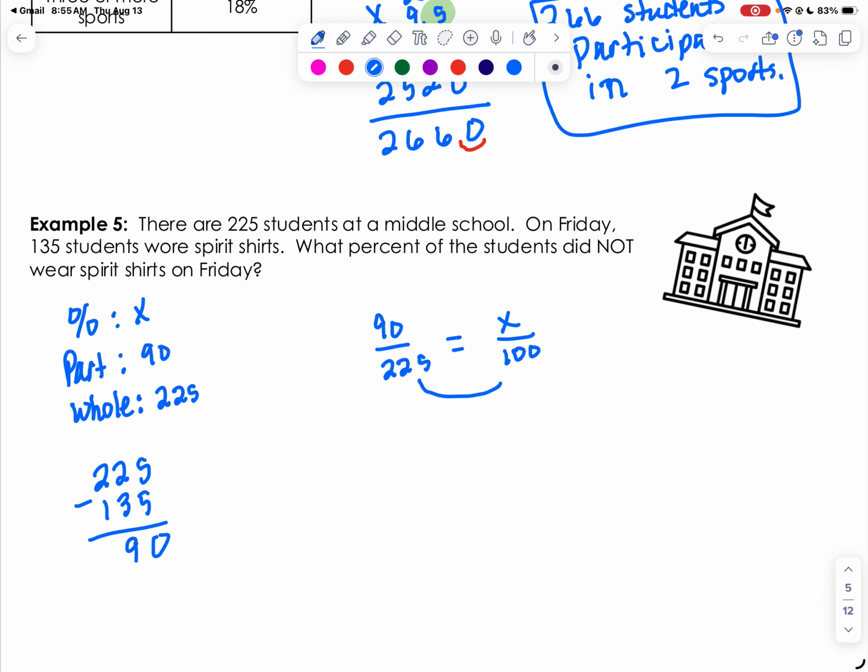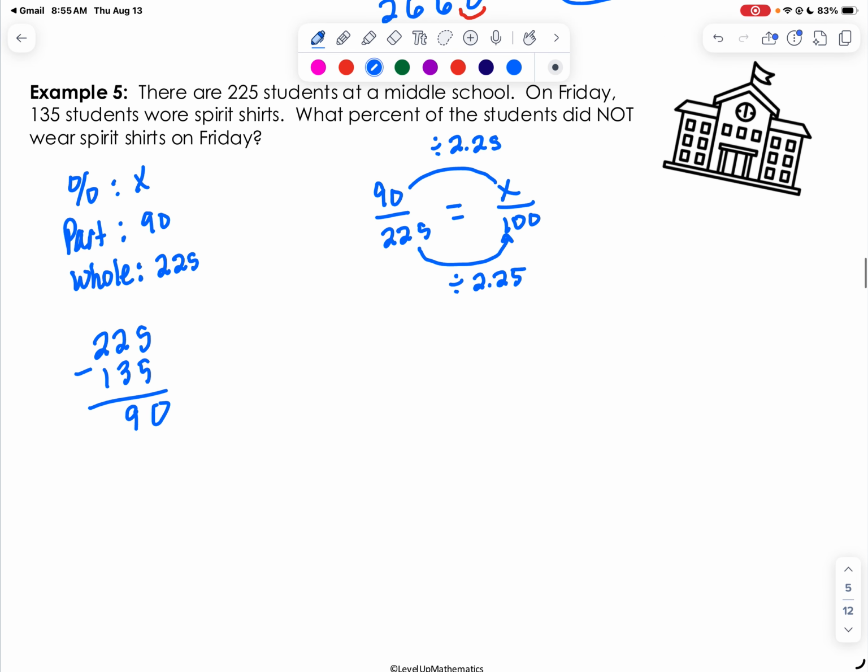So to get from 225 to 100, we would have to divide by 2.25, which means I'm going to have to take 90 and divide it by 2.25. Now, 90 divided by 2.25. Remember, our divisor has to be a whole number.